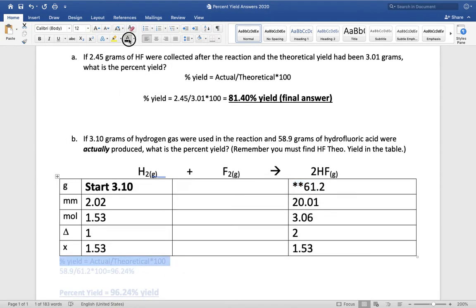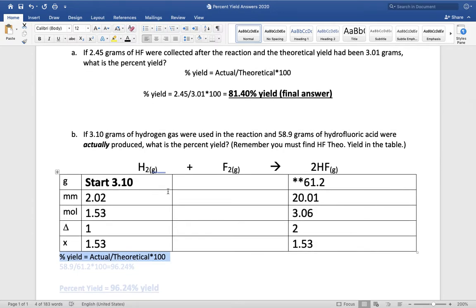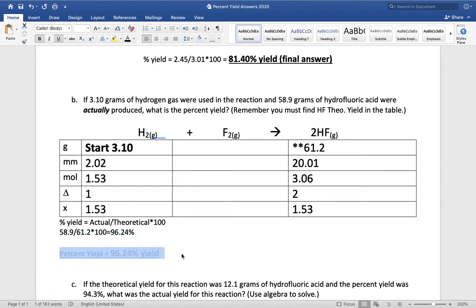So the equation again is actual over theoretical, so 58.9 divided by 61.2. 58.9 is what we found in the lab, 61.2 is what we found in theory on the stoichiometry table, and times 100 would give me a final answer of 96.24%, which would be good. You can keep your job with that number.